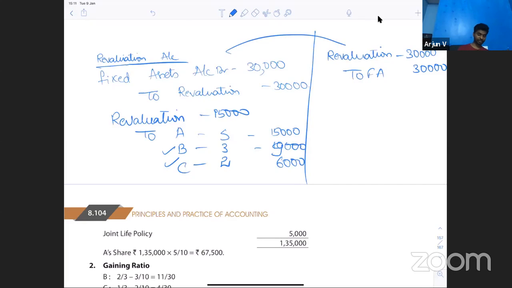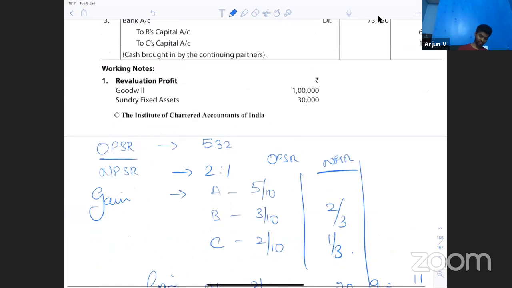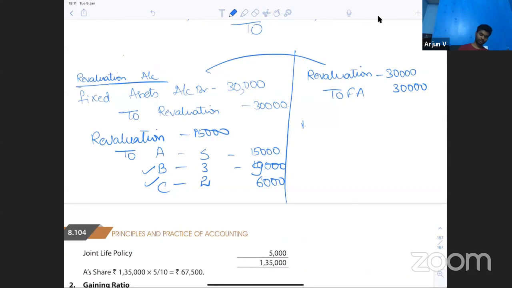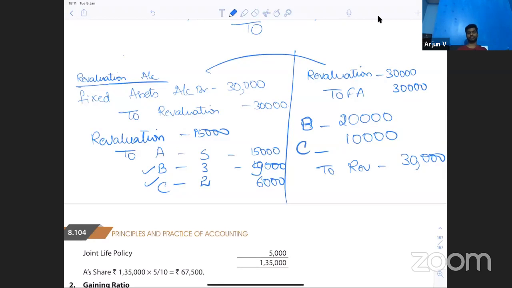Now this loss should be borne only by whom? B and C in their profit sharing ratio, which is 2:1. So that will be B's account, C's account. B's account debit 20,000, C's account debit 10,000 to revaluation 30,000. Are you clear?